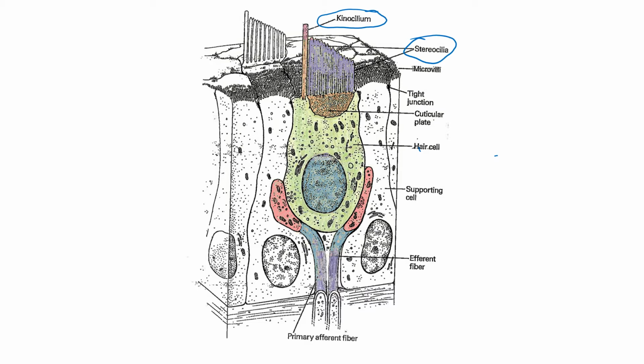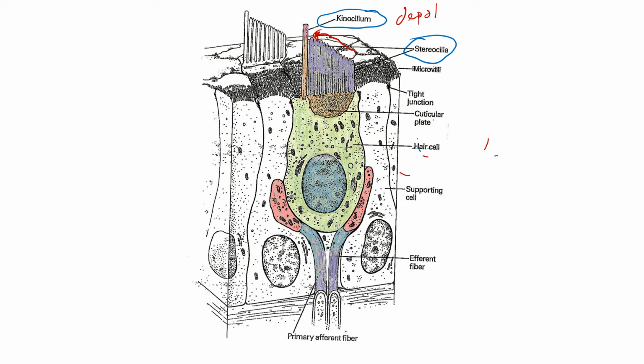The way that this system works is that if the stereocilia of a particular cell bend towards the kinocilium, that is going to cause a depolarization of that cell.